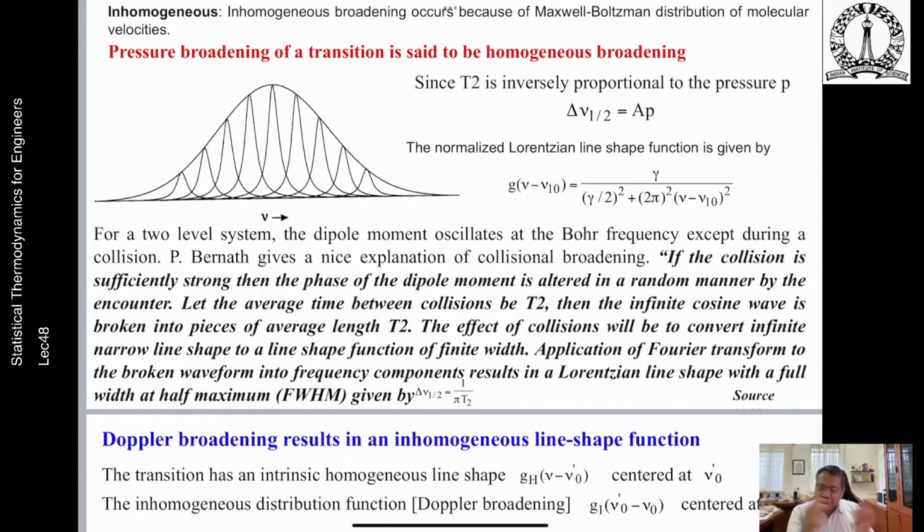So there are collisions between the molecules, obviously. As it collides, the waveform is broken into these individual pieces, which have an average length of T2. This converts it from an infinite cosine wave into pieces of average length T2.